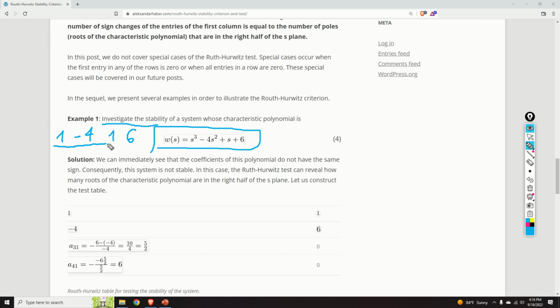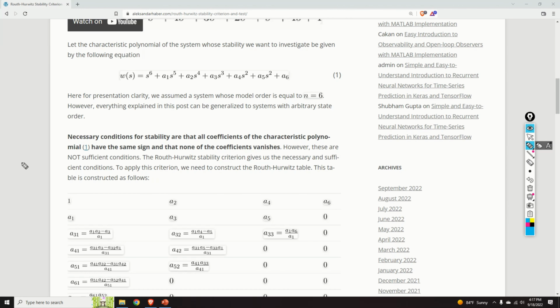And by inspecting the sign of these coefficients, we can immediately see that the coefficients of this polynomial do not have the same sign. Consequently, this system is not stable. This is because of the necessary conditions for the stability that are stated over here.